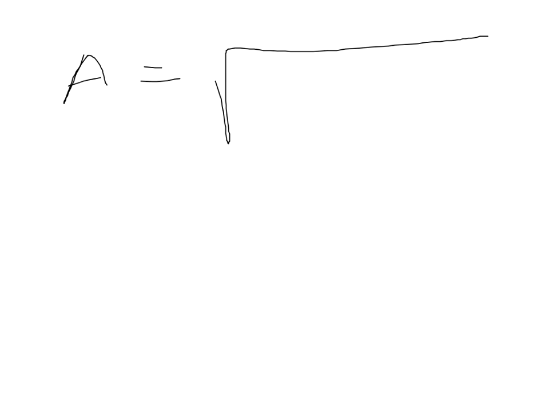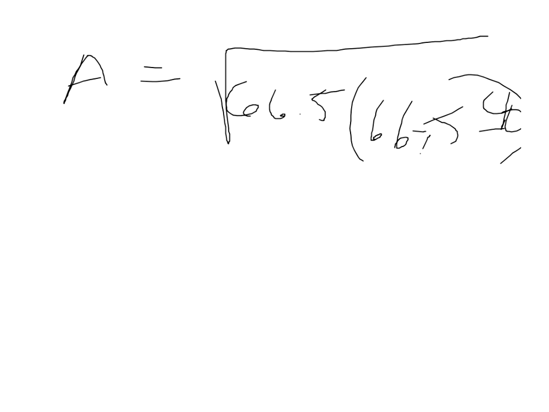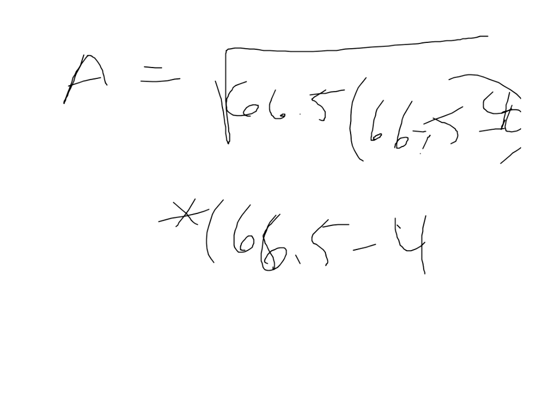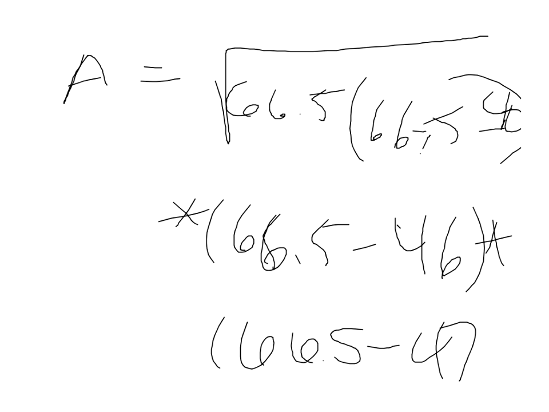So going to the next page, 66.5 times 66.5 minus 40 times 66.5 minus 46, and 66.5 minus 47, and taking the square root of that, I get 839 and some change. Let's see, 839.32.